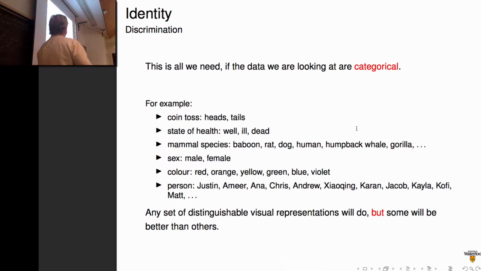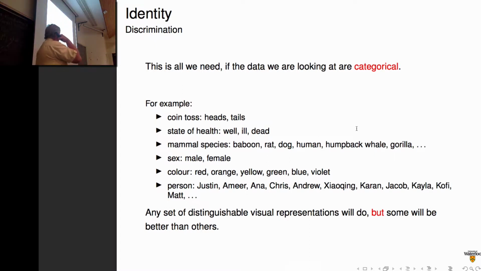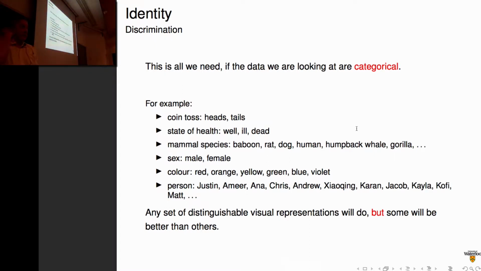Or it might be a real categorization like a mammal species: baboon, rat, dog, human, etc. Another binary, sex, male or female. Color: red, orange, yellow. Or person, the actual individual that we're looking at, who might be more easily identified by name: Justin, Amir, Anna, etc. Okay?